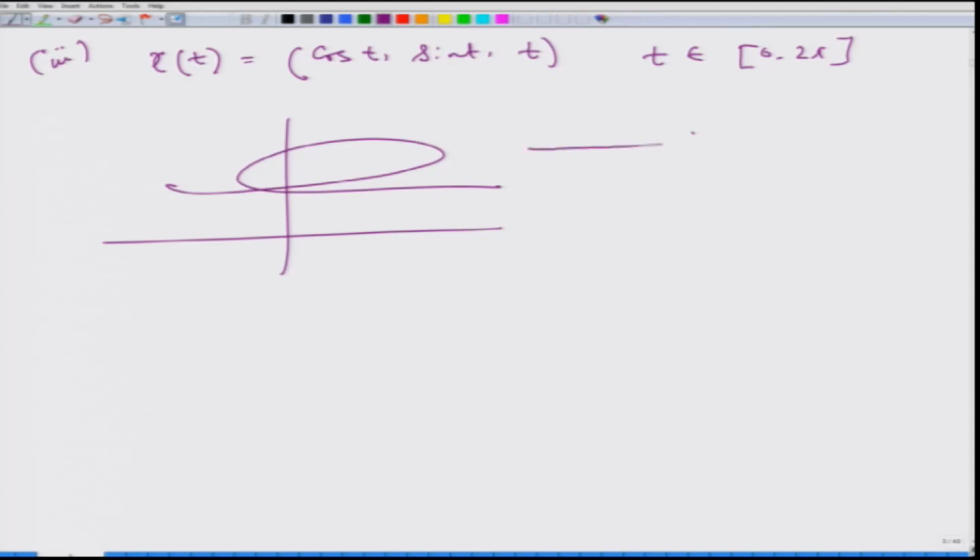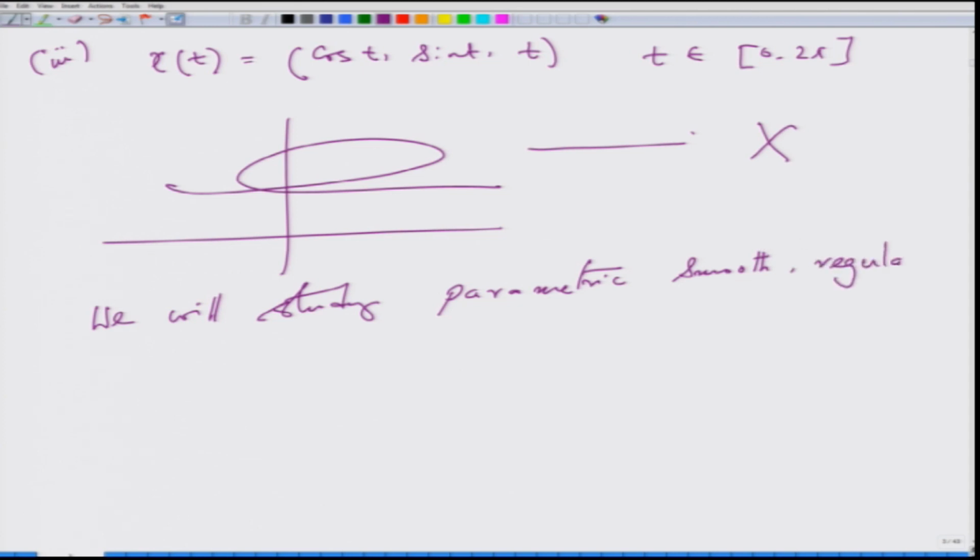So, we will not study this kind of curve, we will study parametric, smooth, regular curves.